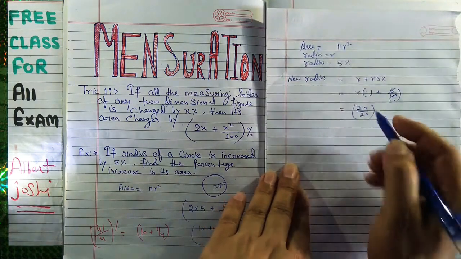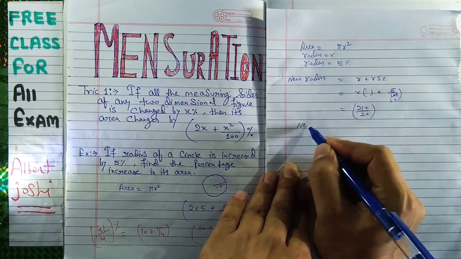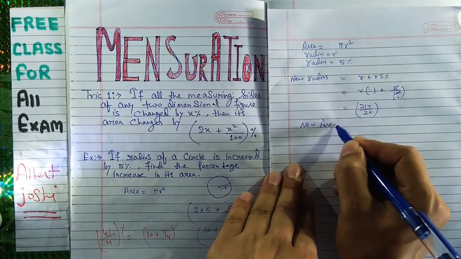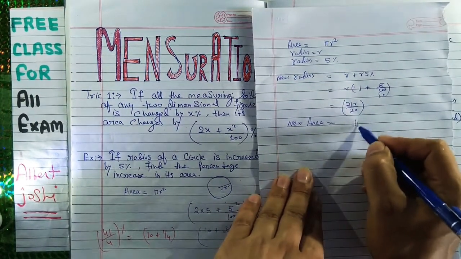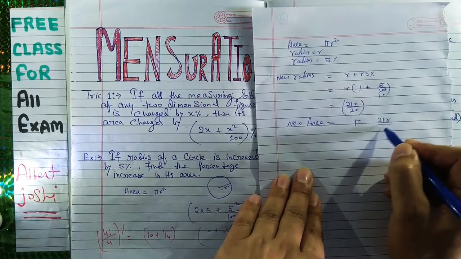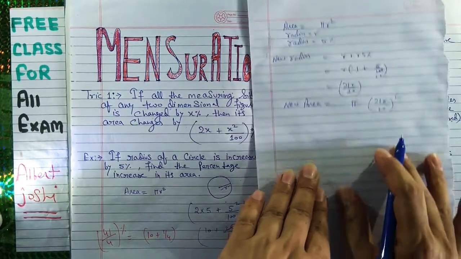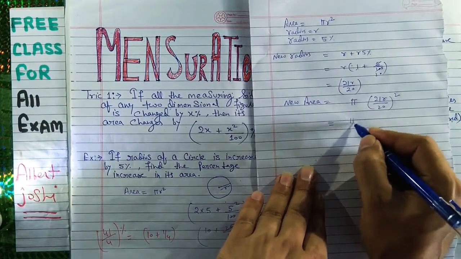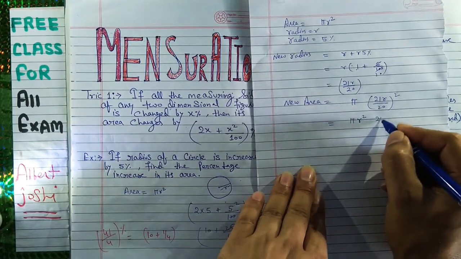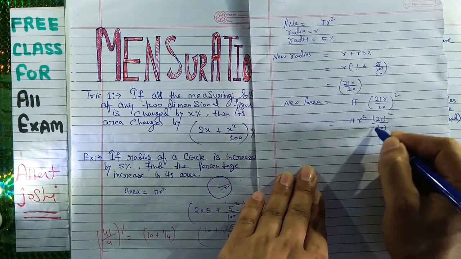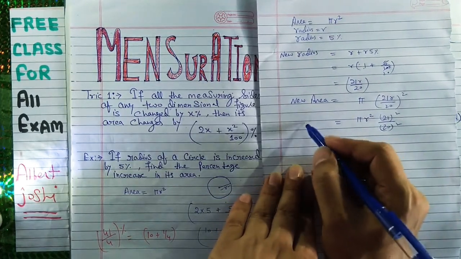If your radius is this, then the new area is equal to pi times 21 r upon 20 whole square. So that will be pi r square into 21 square upon 20 square. This is your new area.